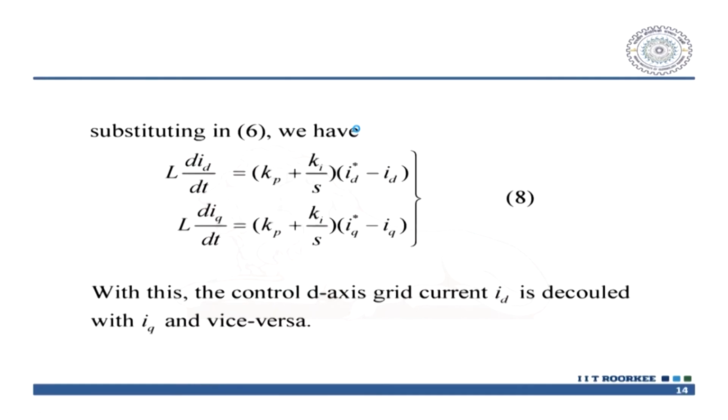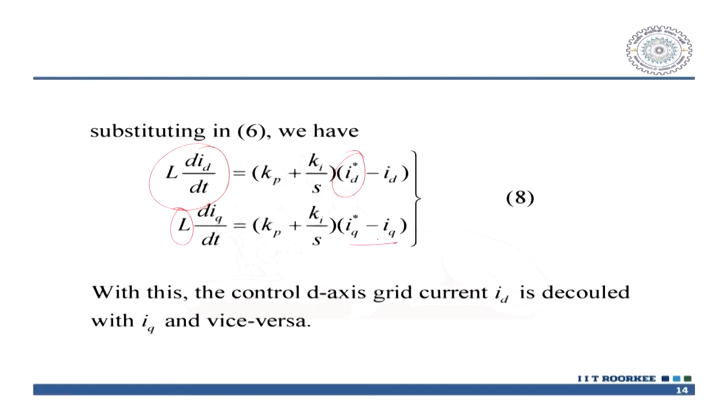So, ultimately what you get is L did/dt equals Kp plus Ki by S, Id star minus Id, where Id star is the reference. Please go back to the second slide of the previous class, where we discussed the principle of operation of the grid connected inverter. Thereafter, L diq/dt equals Kp plus Ki by S, similarly Iq star minus Iq.